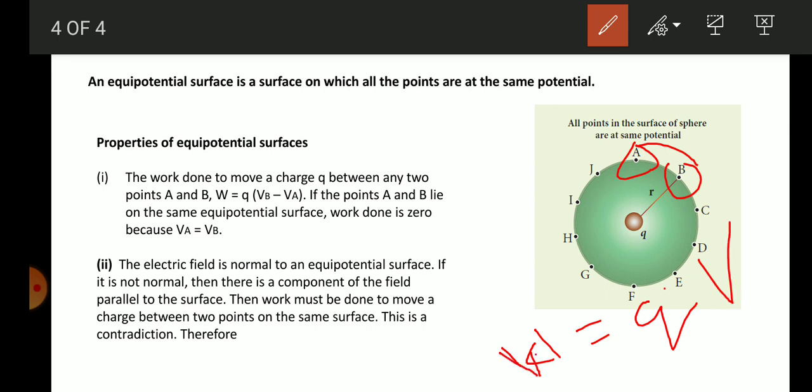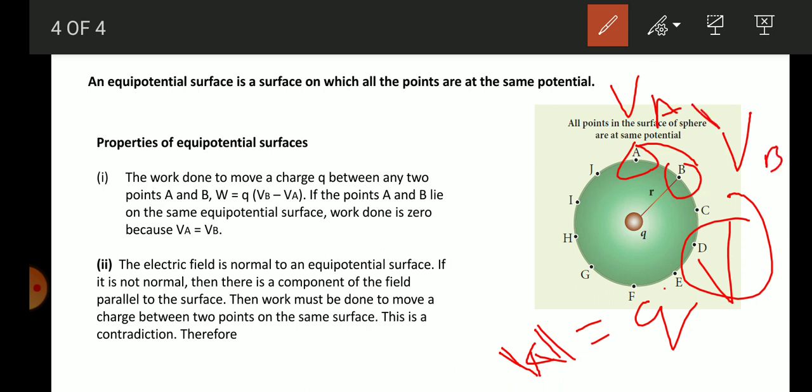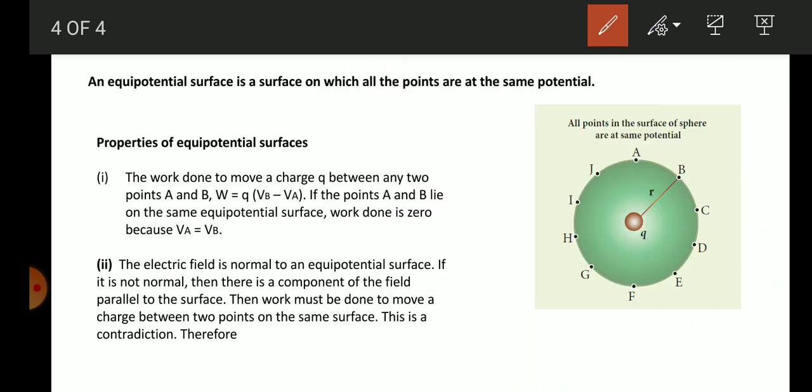This is the work done formula in an electric field. Then V is called the potential difference. Let's say the potential at point A is VA and the potential at point B is VB. If I find the difference, it will be equal to 0, correct? Because all the points have the same potential, so if I find the difference, it will be equal to 0.